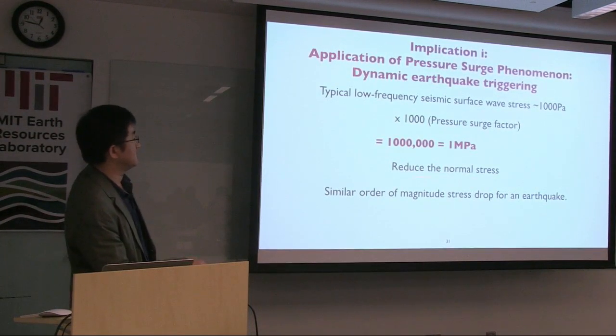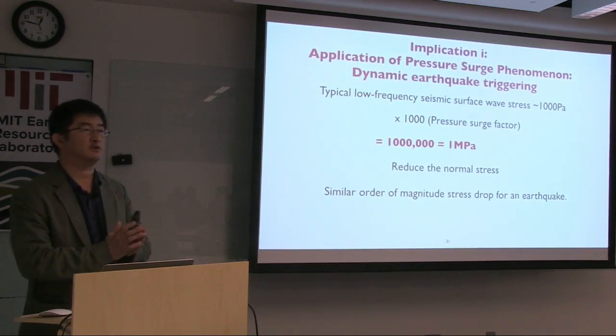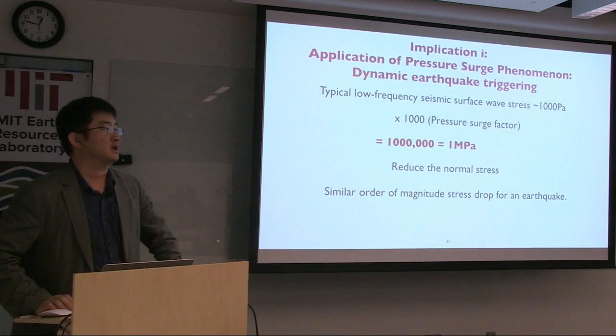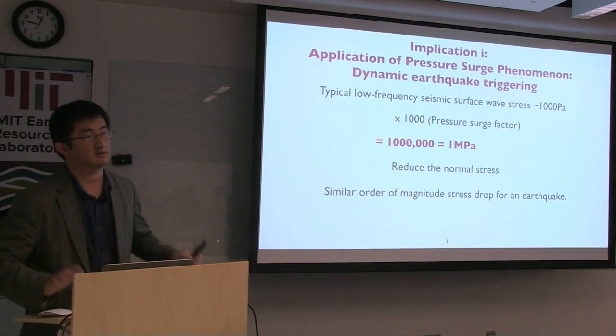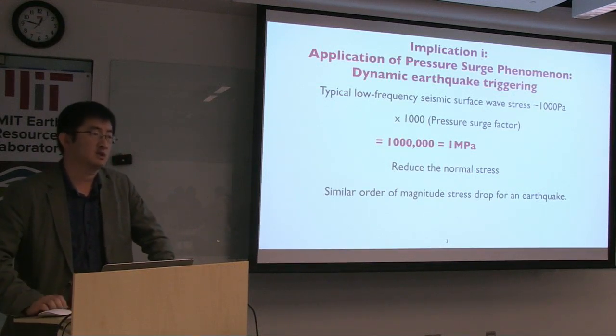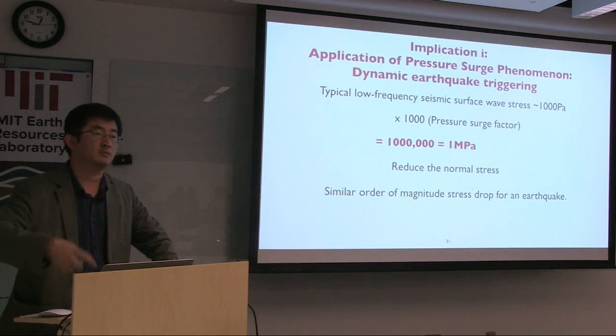This is comparable to the stress drop. And this pressure is going to reduce the normal stress, and because it reduces the normal stress, it reduces the friction, so you can facilitate earthquake triggering.